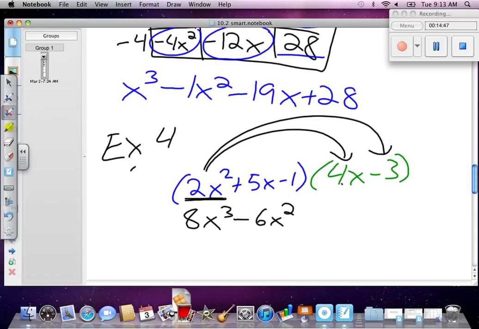Next, I'm going to multiply 5x by each term. 5x times 4x is positive 20x squared. 5x times negative 3 is negative 15x.